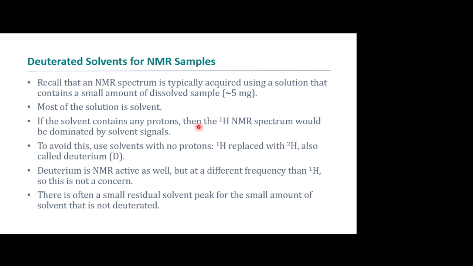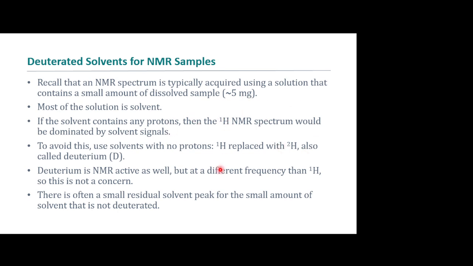So if you were to use normal solvents, like water, like alcohols, like most things that you would want to use, they would have hydrogens on them. You'd have a bunch of signals from that, and then you'd have to try to pick out between those, right? Almost everything I just mentioned would show up as large peaks, because the majority of your signals can be from solvent, and they would cause incredible issues actually reading your spectrum.